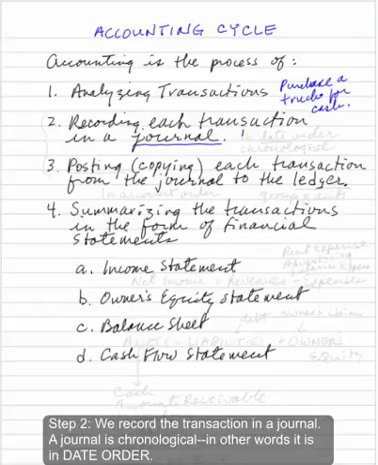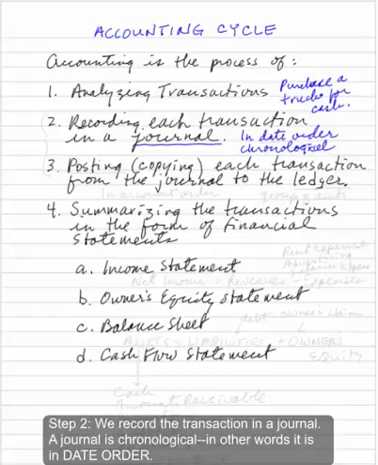So the journal is in date order. There's kind of a big fancy word you could use for that. The word is chronological. So if it's in chronological order, it's in date order. And the journal is in date order.